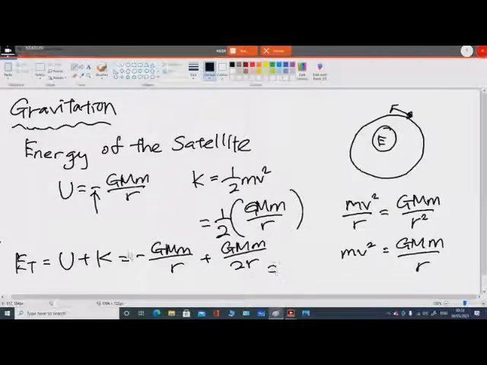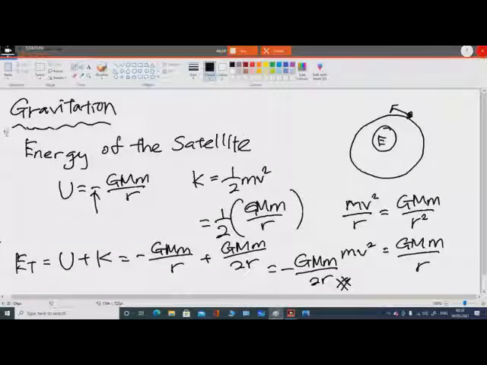So negative GMm over r plus GMm over 2r eventually gives us negative GMm over 2r. This is how we find the total energy of the satellite.